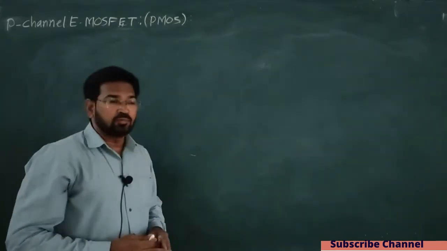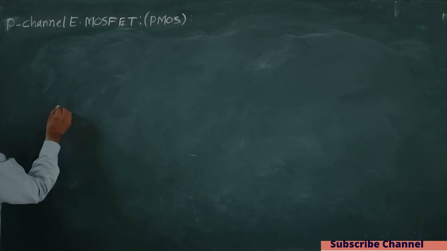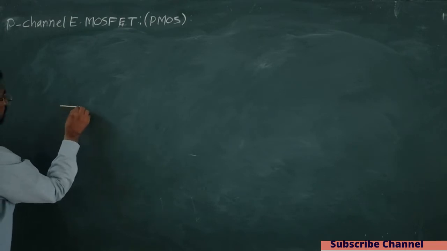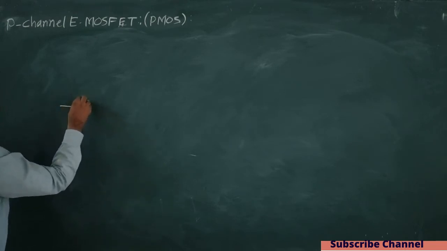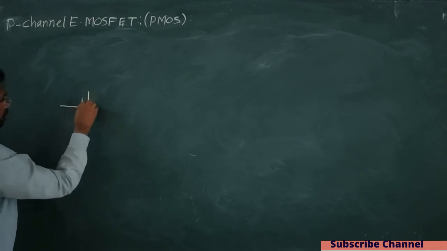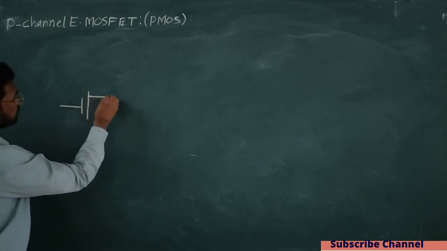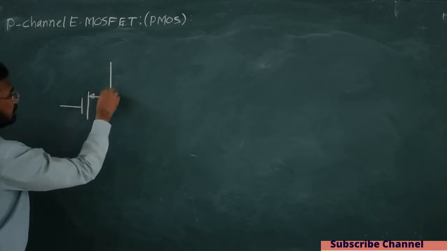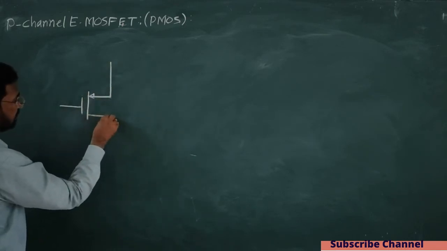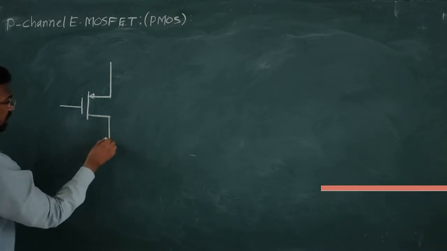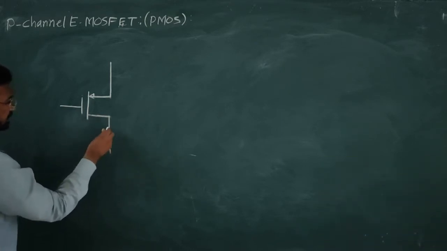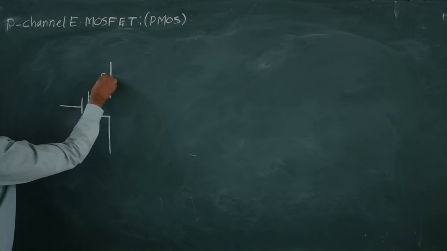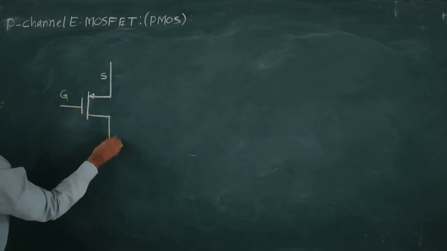Now, I am going to draw one more connection diagram by using the symbol of P MOSFET. Generally source is drawn on the upper side in case of PMOS, and in case of NMOS it is shown on the lower side. So, it is the drain, source, gate.